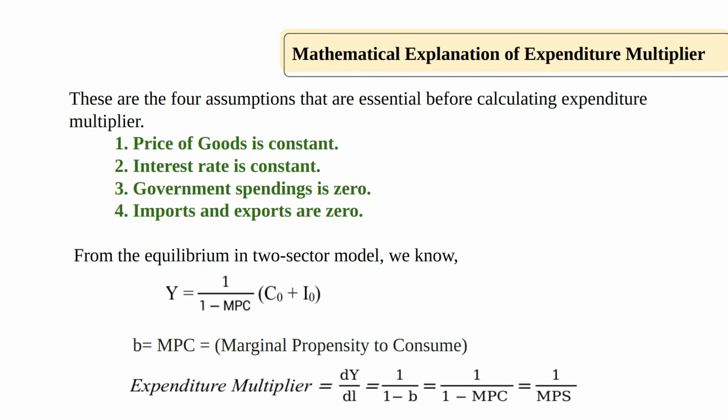In a three-sector model, taxes come into play. Disposable income is what you have left after paying taxes, or we can call it YD is equal to Y minus T. Government spending boosts the economy, while taxes reduce disposable income and may slow down consumption.